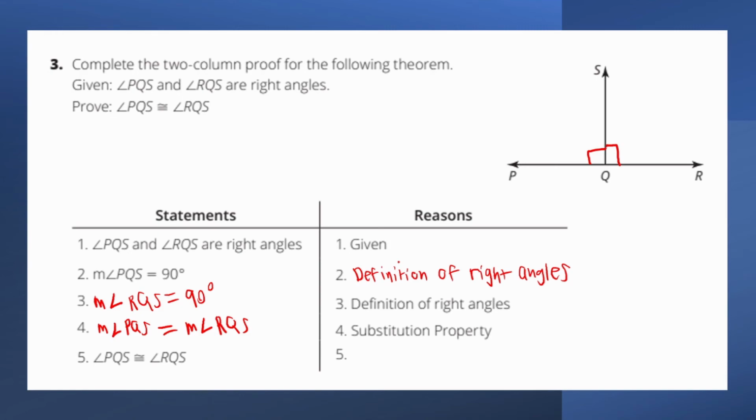I personally would have used transitive property because when two things are equal to the same thing, they must be equal. And finally, all we see is them get rid of these m's in front and they change our equal sign to a congruent sign. That means we have our definition of congruence. Definition of congruence. And there we go. We completed our fill-in proof.